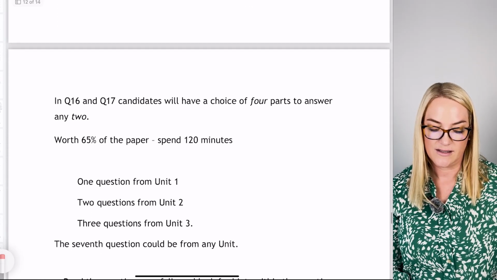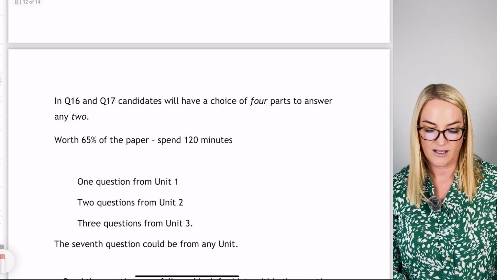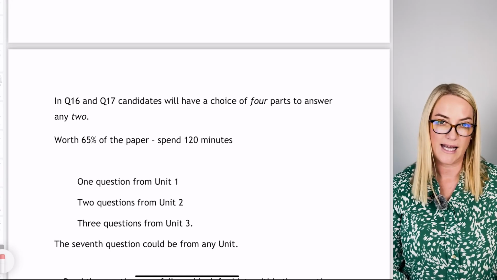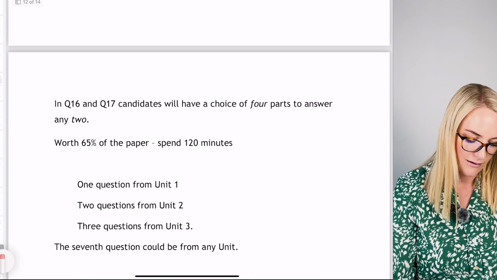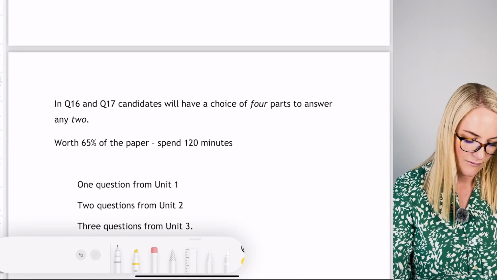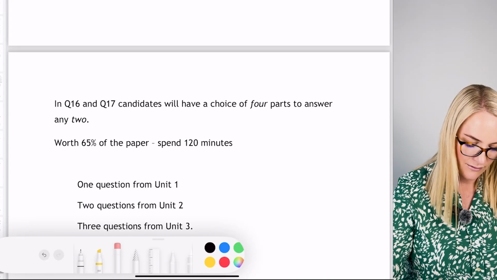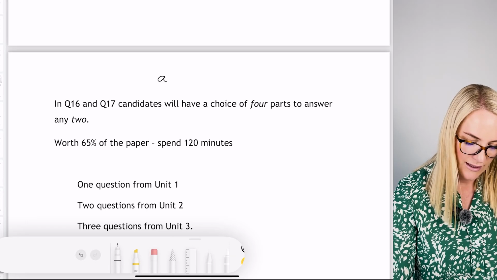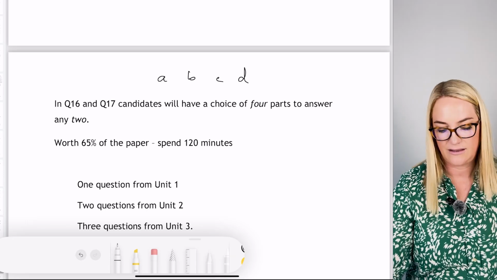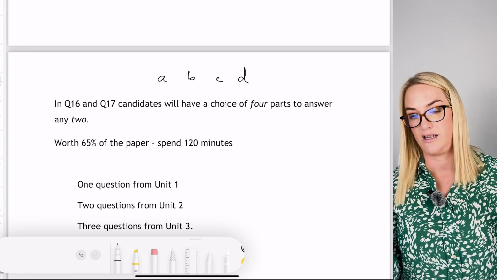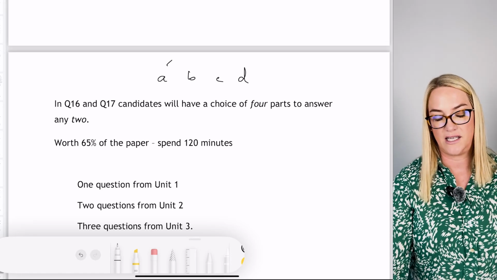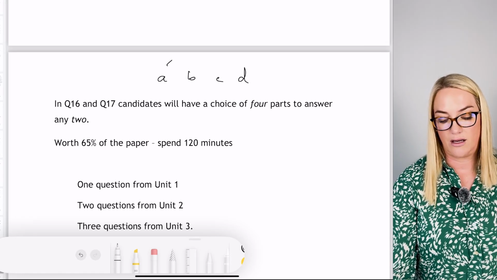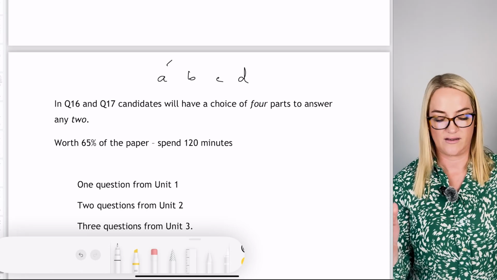In questions 16 and 17, there's now going to be parts A, B, C, and D. So for example, I'm just throwing things out there. A could be viruses, B could be bacteria, C could be monorail, D could be the digestive system.